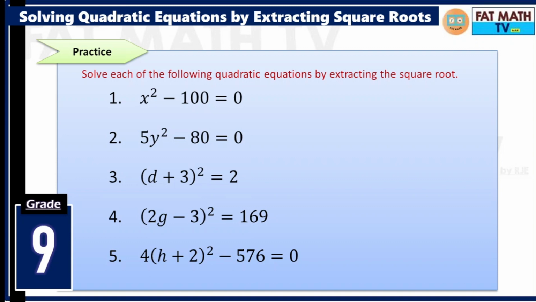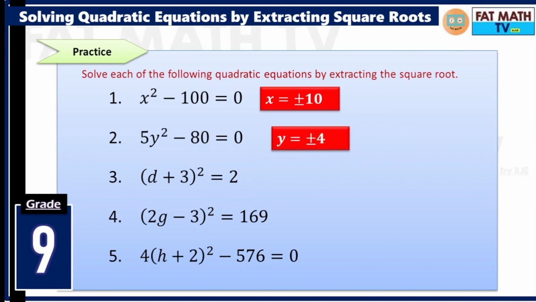Let us check. So for number 1, x is positive or negative 10. Number 2, y is positive or negative 4. And number 3, d is negative 3 plus or minus square root of 2.